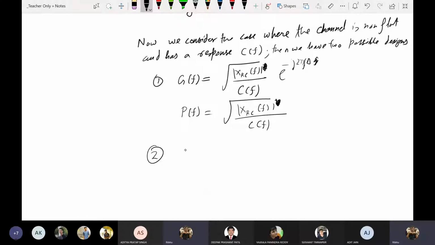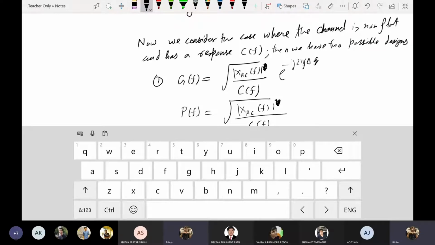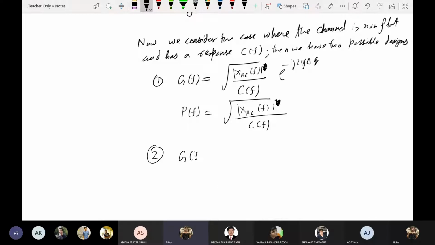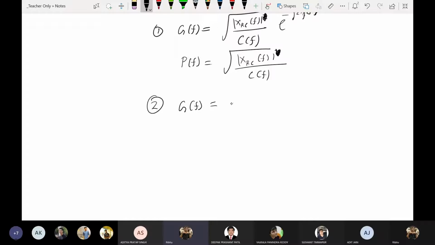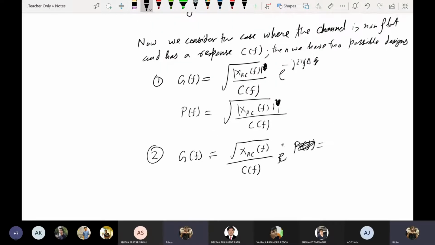The second possible design is... sorry, this has to have that minus j2 pi f delta.